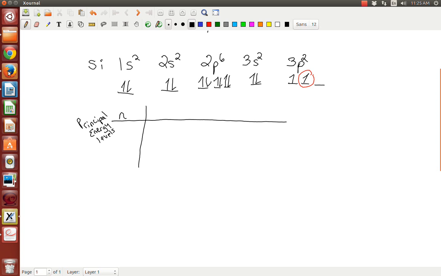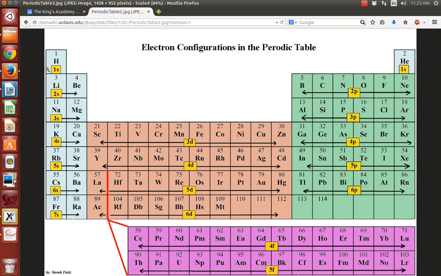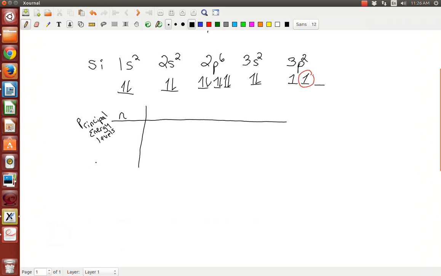That would be 1, 2, 3, 4, 5, 6, and 7. In the middle, that would be these 3s. And on this side, see there's silicon, it would be the 3. So it's the energy level along the periodic chart. So there's 7: 1, 2, 3, 4, 5, 6, and 7.